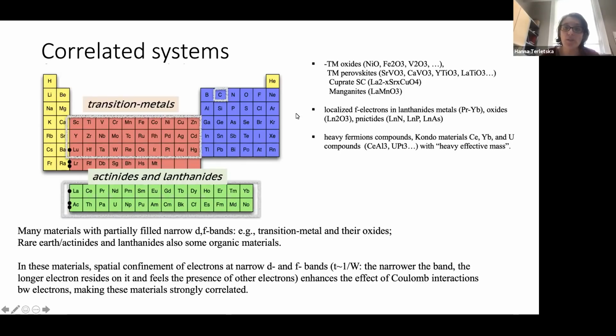These are all strongly correlated systems. Also, strong correlations are found in actinides and lanthanides, and I show some examples here. And of course, the most famous examples include heavy fermion compounds exhibiting Kondo effects. In these materials, spatial confinement of electrons in narrow d and f bands enhances the effect of Coulomb interactions, making these materials strongly correlated.